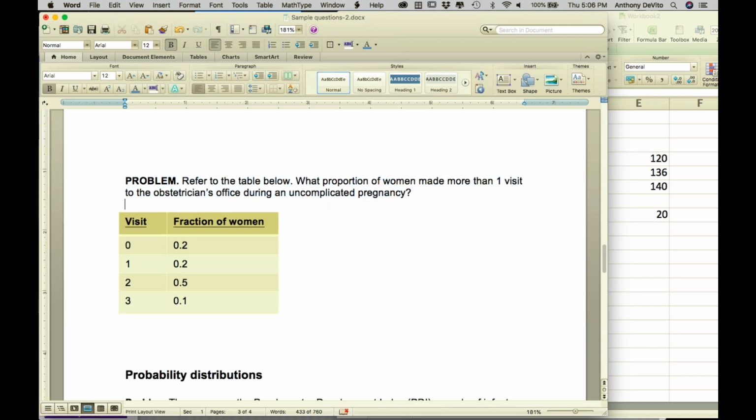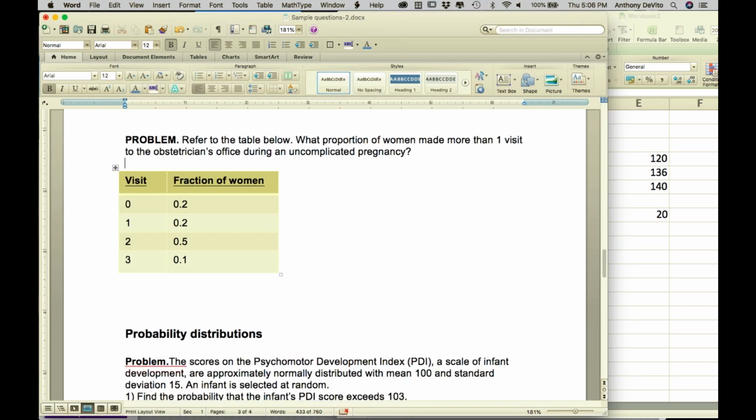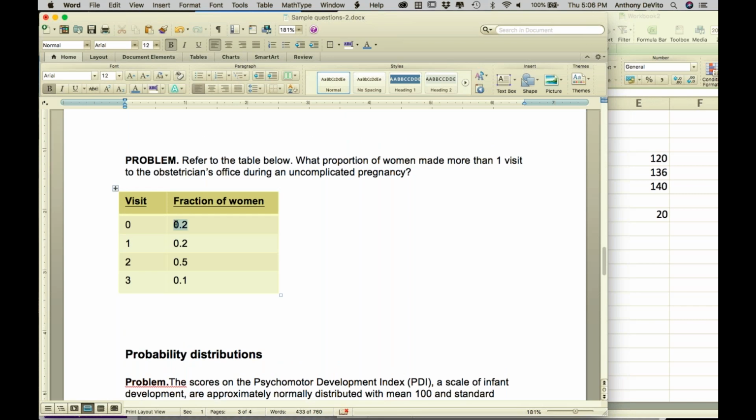Refer to the table below. What fraction of women visit the obstetrician's office more than once, with an uncomplicated pregnancy? 20% made no visits, 20% made one visit, 50% made two visits, and 10% made three visits.